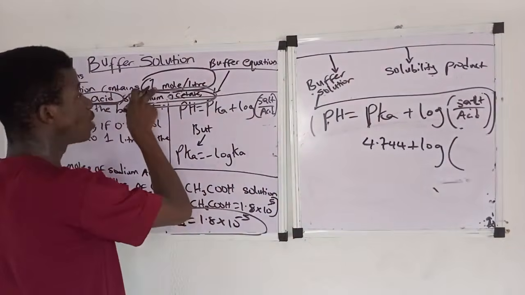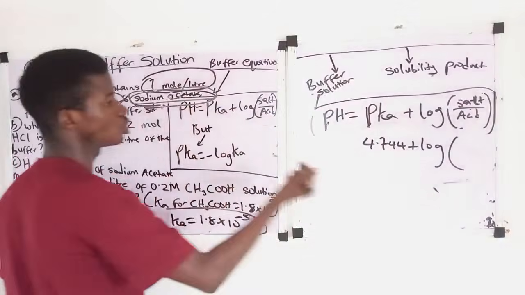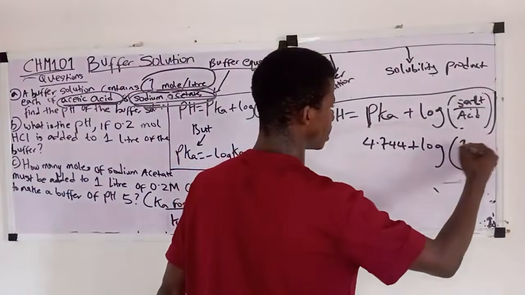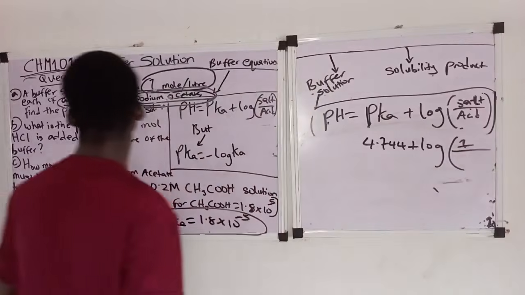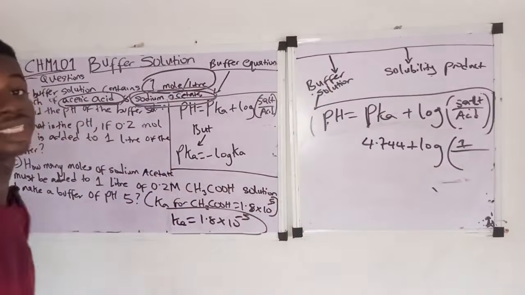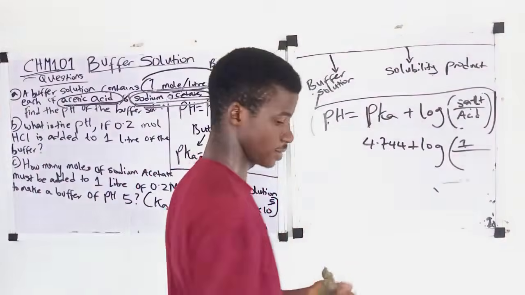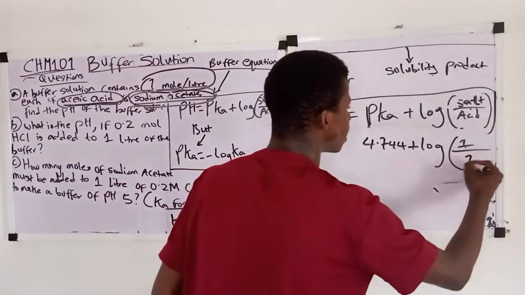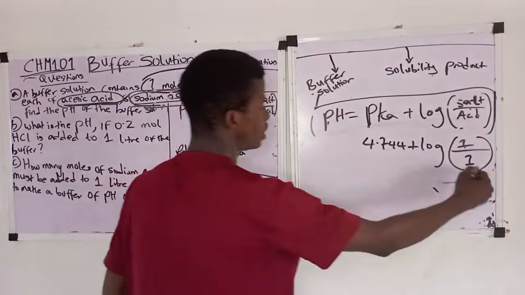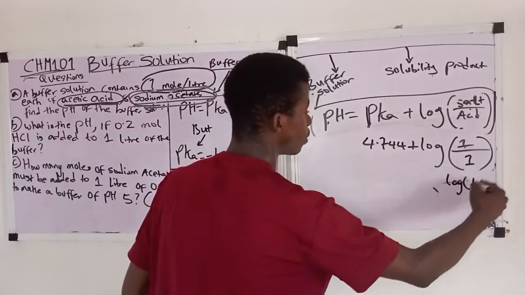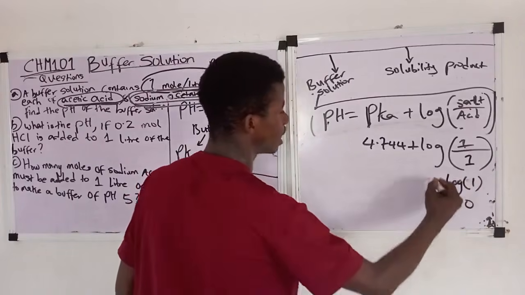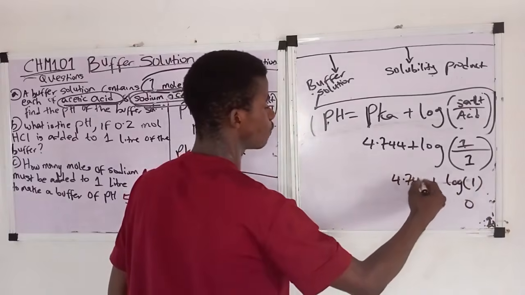They say 1 mole per liter each, so the mole of the salt is 1. Then the acid, the mole of the acid is still 1. 1 divided by 1 will still give us 1. Now the log of 1 is 0.